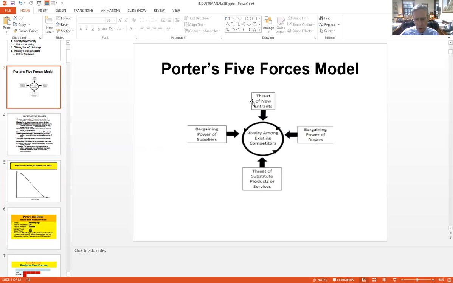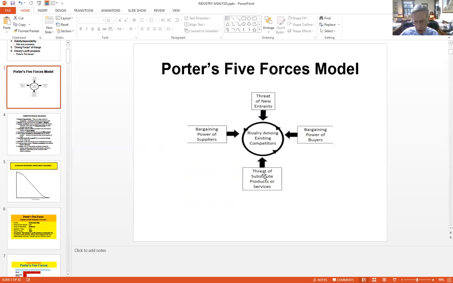The threat of new entrants that come into an industry, because if new entrants do come in, supply goes up, and when the new entrant enters, the demand doesn't immediately go up, and so there's a supply-demand imbalance, and the effect on prices goes down.